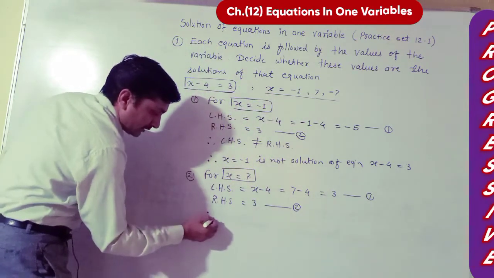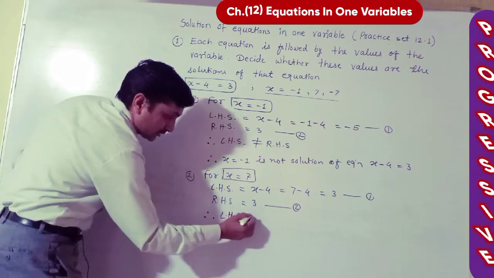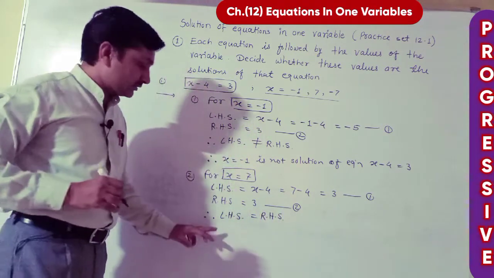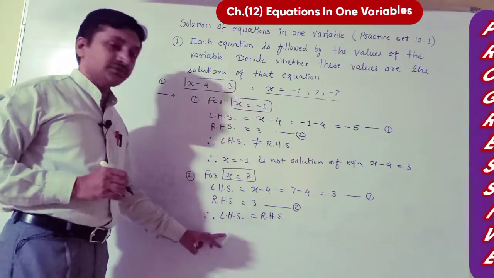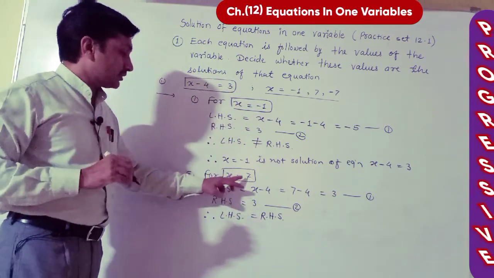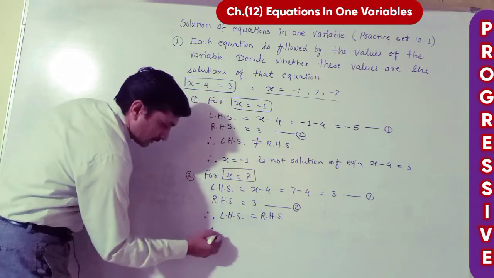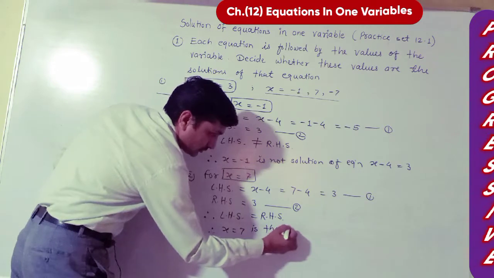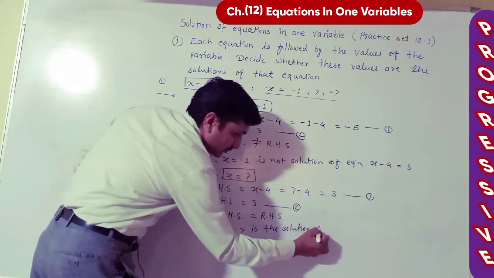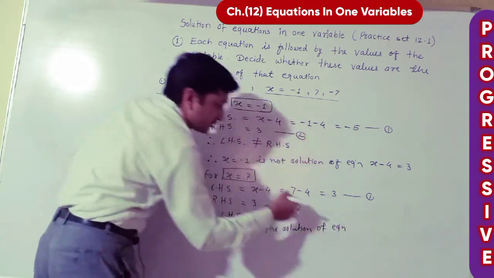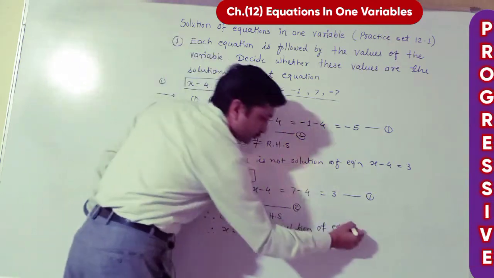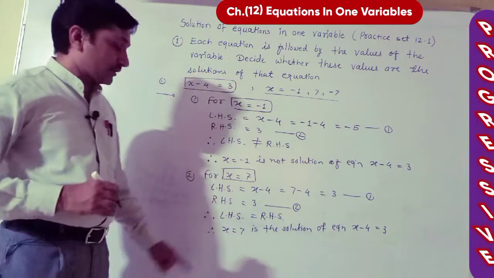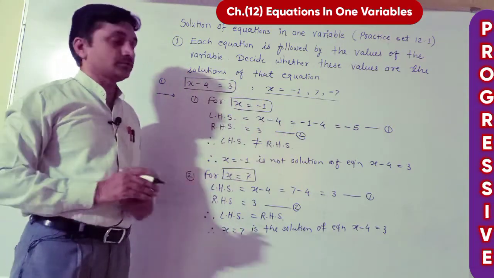Therefore, LHS is equal to RHS. And as LHS is equal to RHS, we can say x is equal to 7 is the solution of the equation x minus 4 is equal to 3. The second value, 7, is the solution.